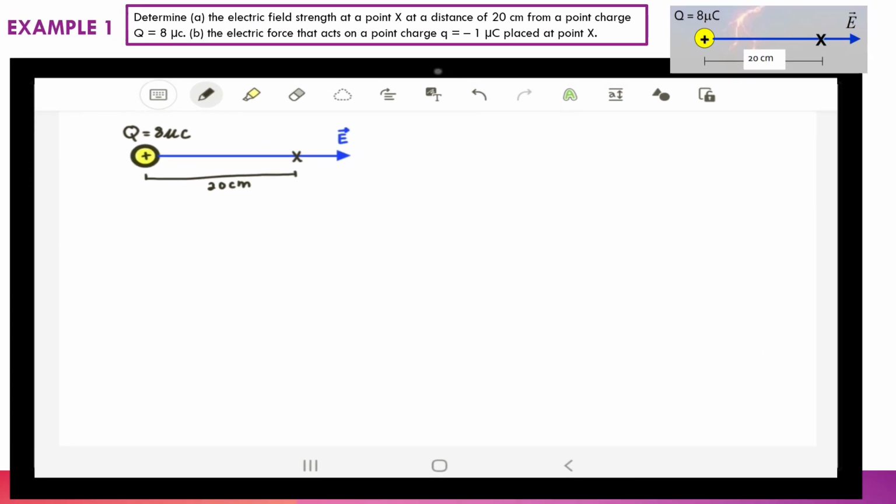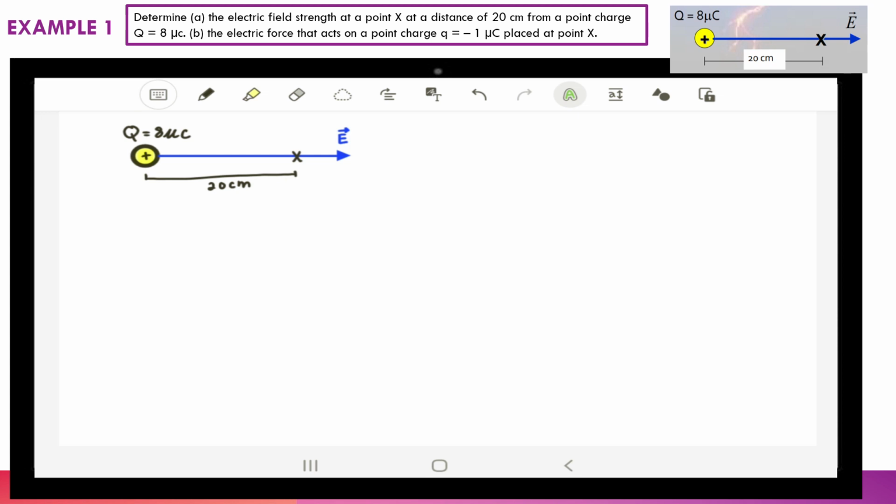Let's read example 1 first. Determine A, the electric field strength at a point X at a distance 20 cm from a point charge Q equal to 8 microcoulomb. So here you can see we have the positive charge 8 microcoulomb and we want to find the electric field strength at point X here.